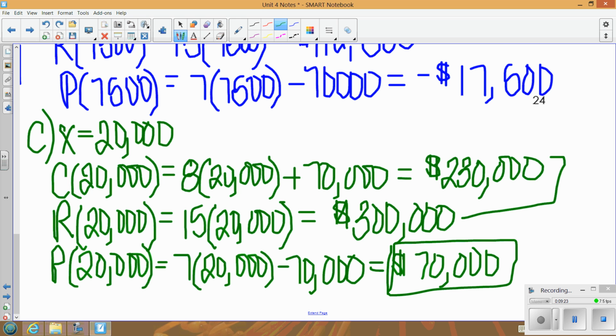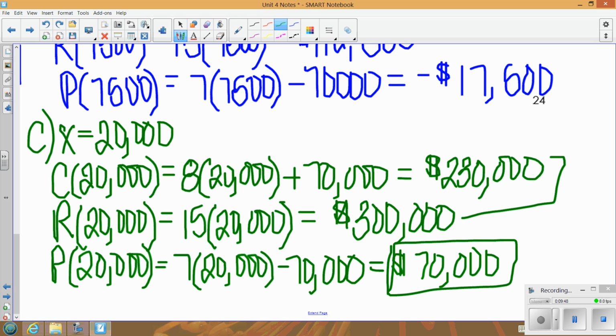But I'm assuming that I could sell less than 20,000 items and still make some money, which is called the break-even point. So we would want to figure out the number of items you have to sell to break even, where your revenue and your costs end up being the same number. And then you'd want to make sure you sell more than your break-even point.